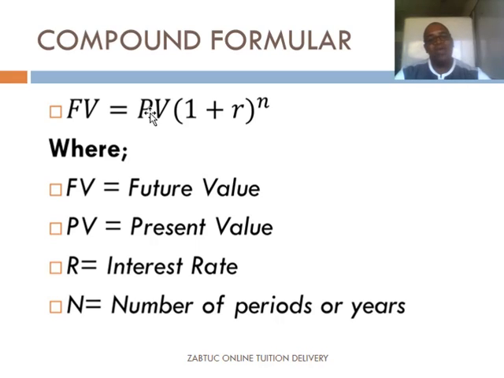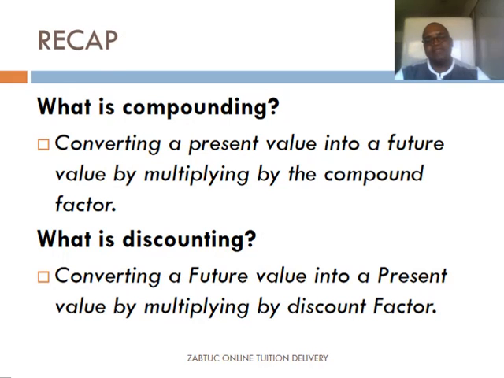After looking at the compound formula and also the contrast between simple and compound interest approaches, let us now conclude on what we mean, especially by discounting. So what is compounding? Compounding involves converting a present value, an amount today, into a future value by multiplying by the compound factor.